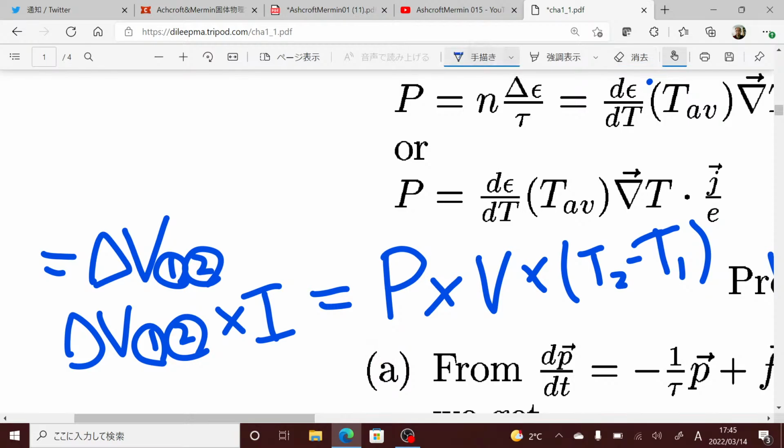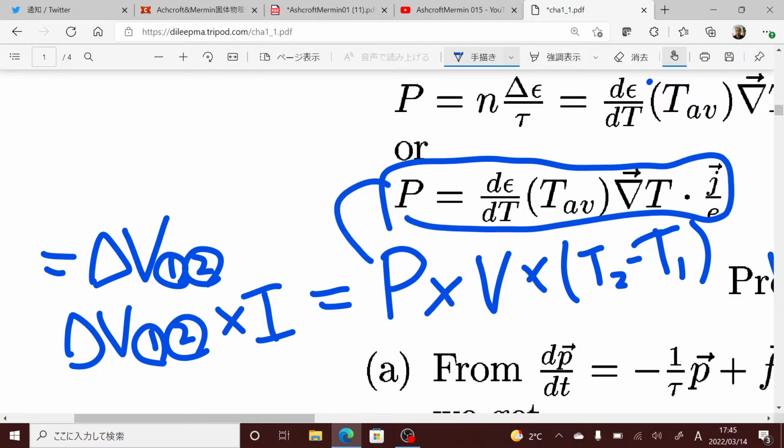We put this P into here. I hope this helps.